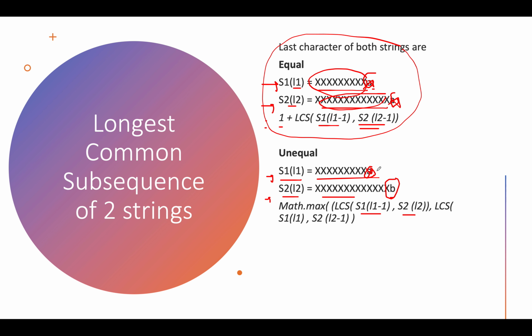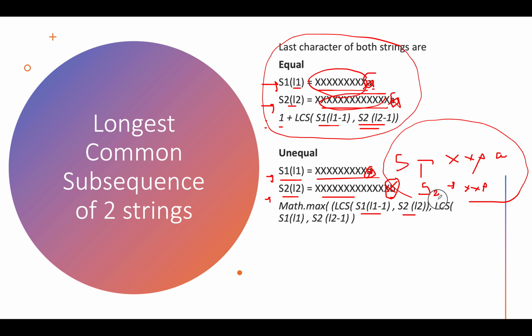And in the other case, you'll do the reversal. You'll assume that the S1 string remains intact, x, x, x, a, while from S2 you remove one character, something like x, x, x, and this time you removed b from it.